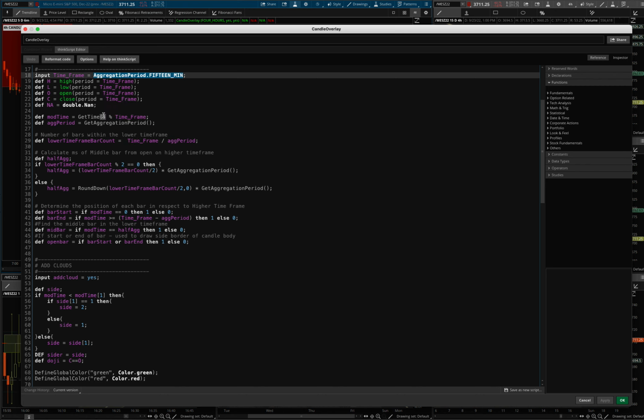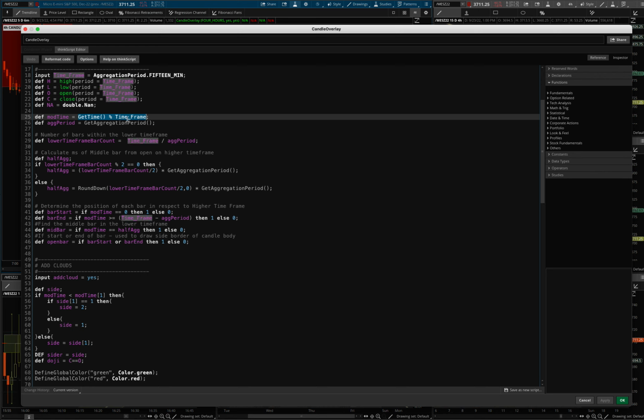Get time is going to be the current epoch in milliseconds, which is the time since January 1st, 1970, or whenever they invented computers. But this is going to be in milliseconds. And this modulo operator, if you're not familiar with it, it is just a division that tells you whether or not it divides without a remainder. So if this equals 0, then you know that the time frame is a divisor of get time at that point.